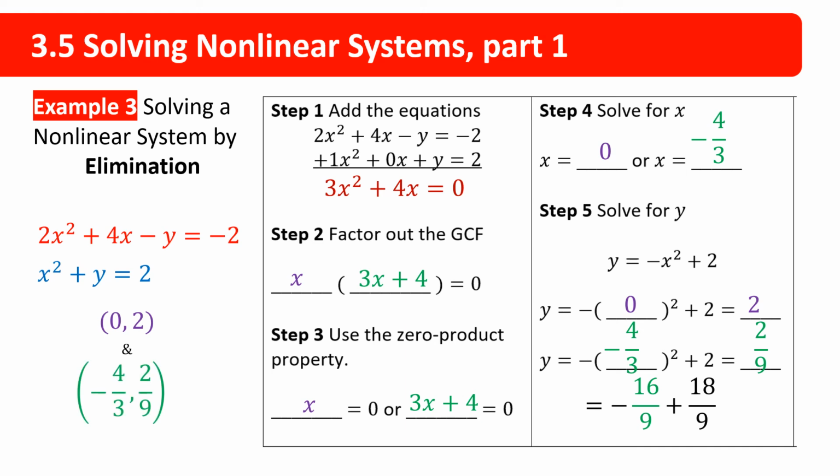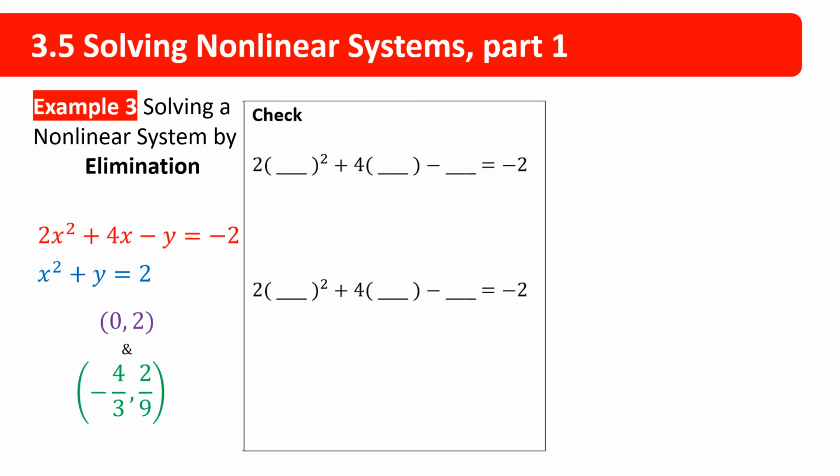So when we plug in negative 4/3, out comes 2/9, and so we have a really nice point of intersection with integer values (0, 2), and we have another nice point. It just has rational values: negative 4/3, comma, positive 2/9.